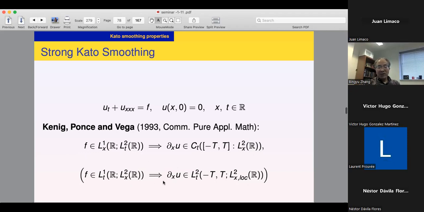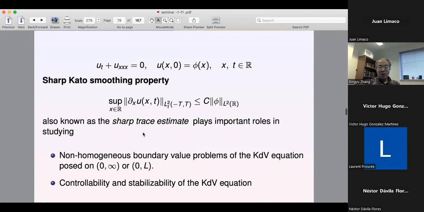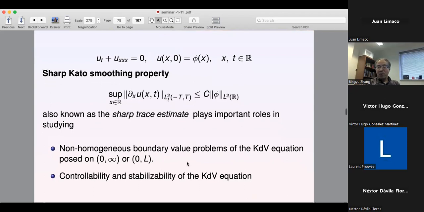By the way, both results are sharp. We know the sharp Kato smoothing property in control theory; people in the control theory community know it as the sharp trace estimates. It plays an important role in studying non-homogeneous boundary value problems and also controllability and stabilizability.